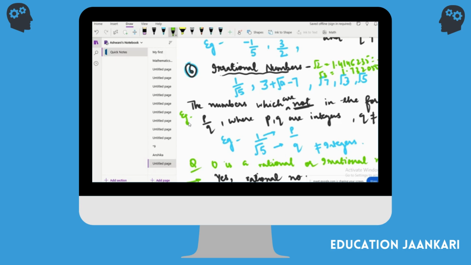Both these numbers are non-terminating, non-repeating. The numbers which are non-terminating and non-repeating are known as irrational numbers.